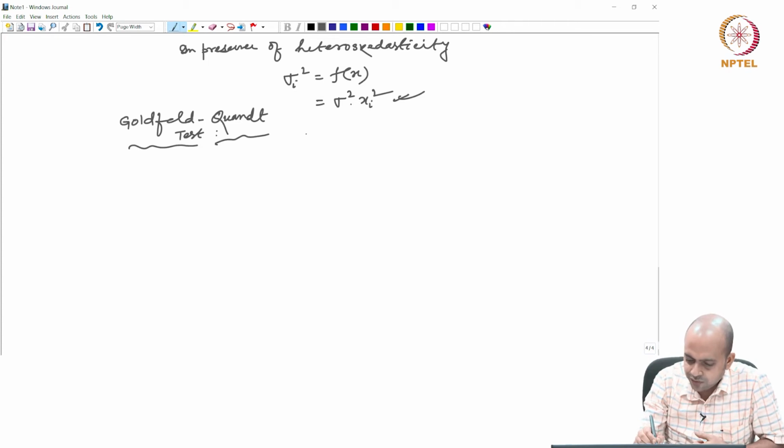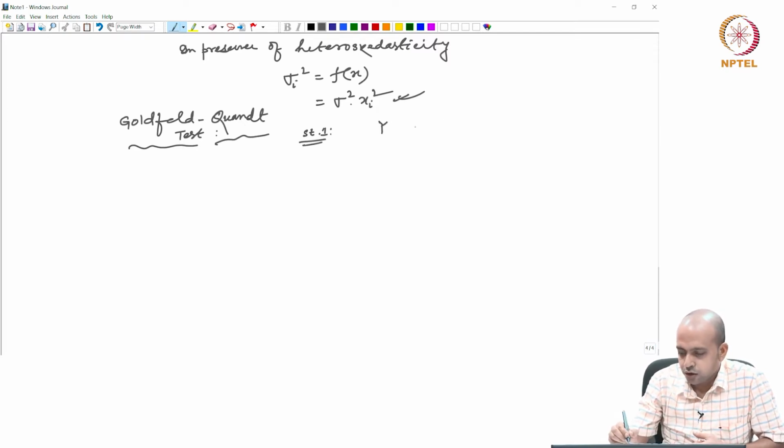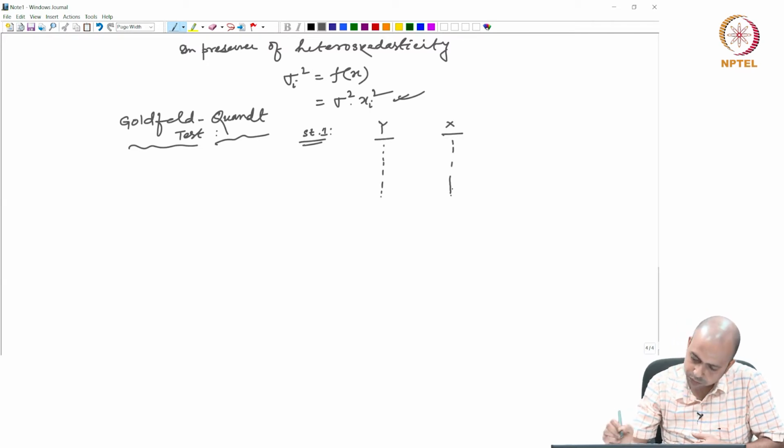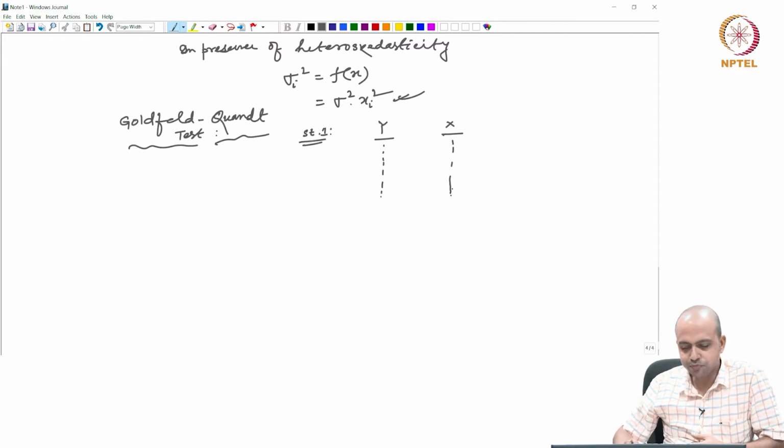They have given different steps for this Goldfeld-Quandt test. What they say is, if you have your observations on y and x, let us say this is your observation, the first step is to arrange the x values from small to big.